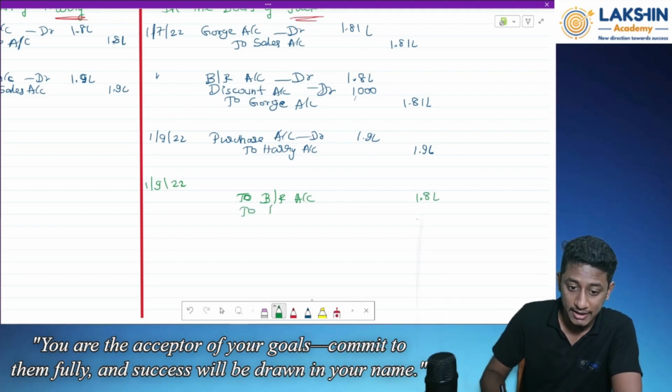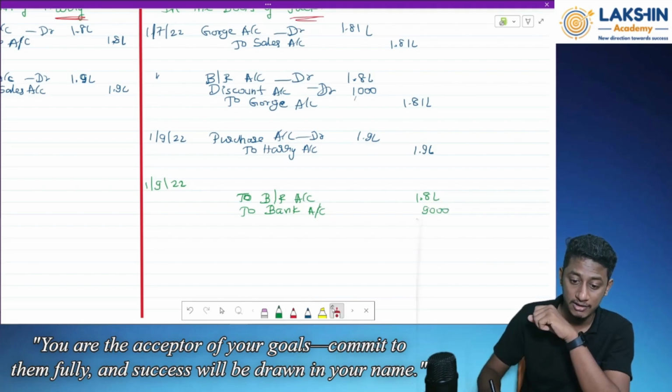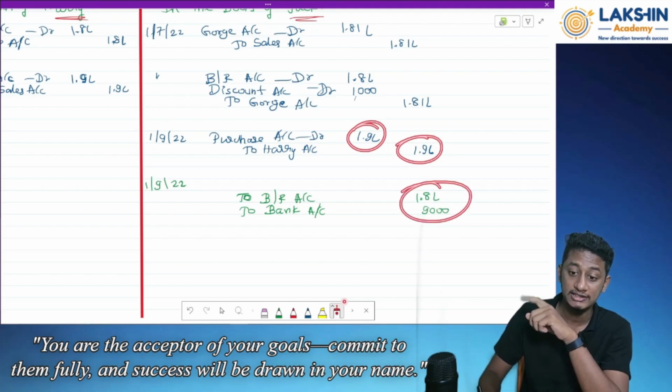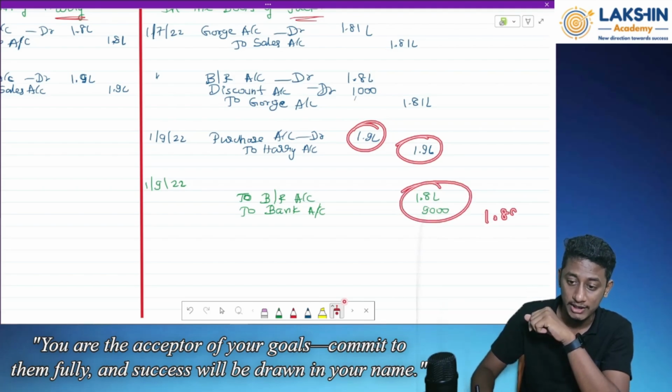Also he has paid money. How much money has he paid? Rupees 9,000. Right? But what was the actual transaction value? The transaction value was rupees 1.9 lakhs. So how much does this amount to? Only 1.89 lakhs.